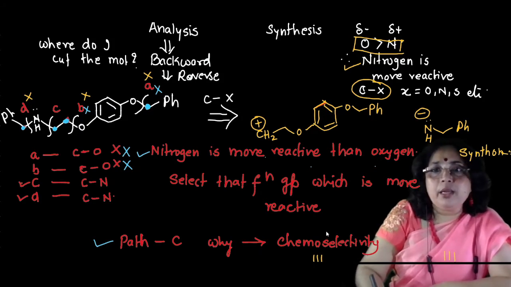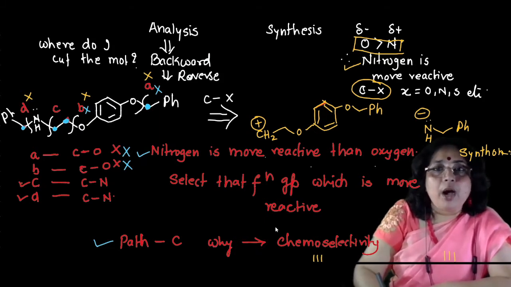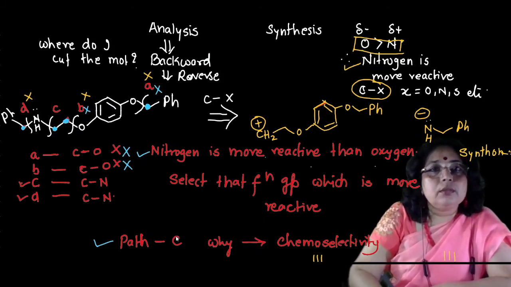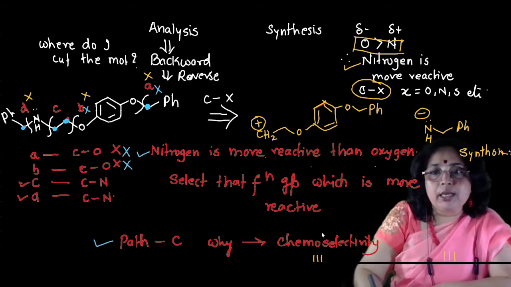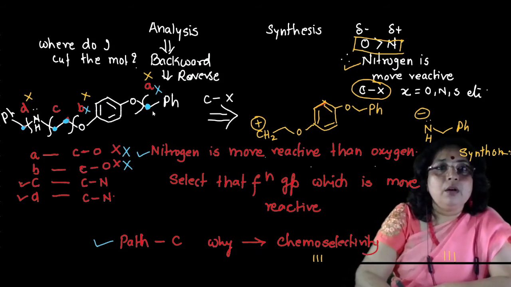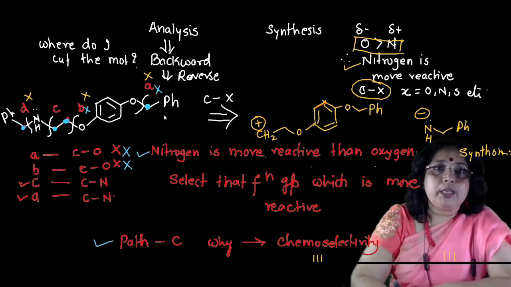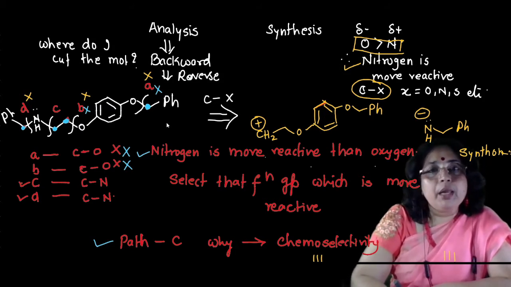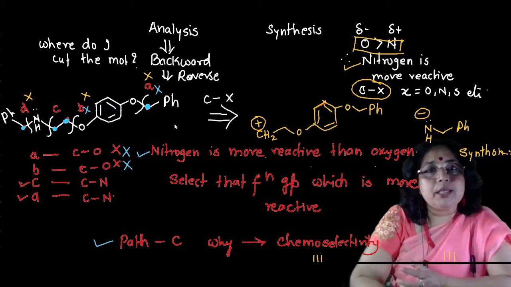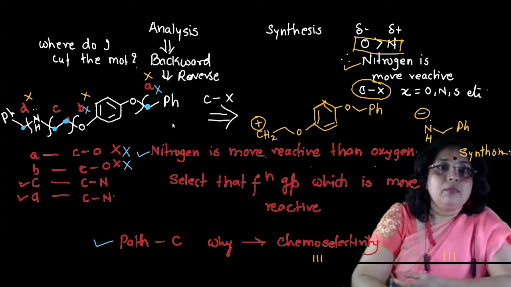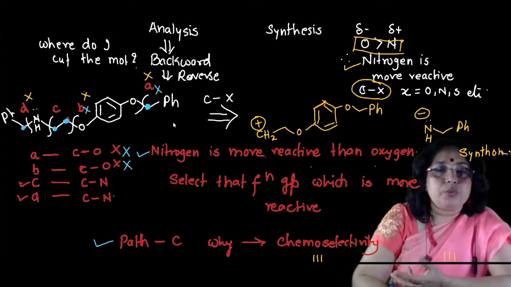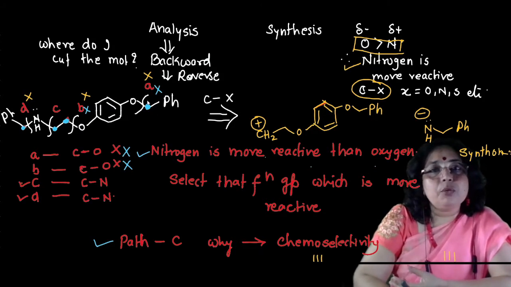But for the time being, let us consider the reason of chemoselectivity. Why I am going to select the path C? The reason is chemoselectivity. What is the meaning of chemoselectivity? The meaning is if a molecule possesses more reactive groups.